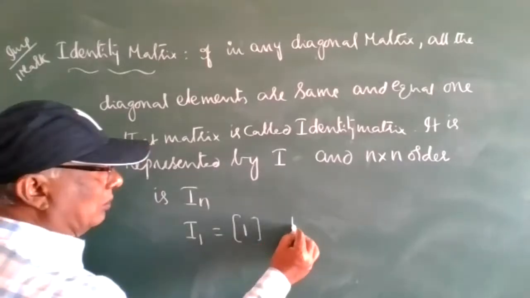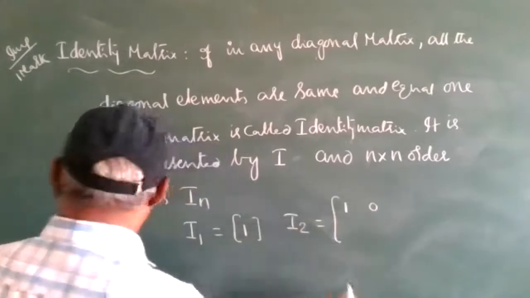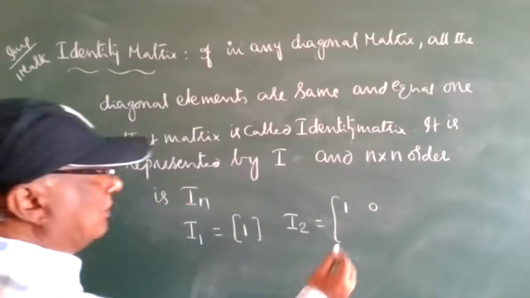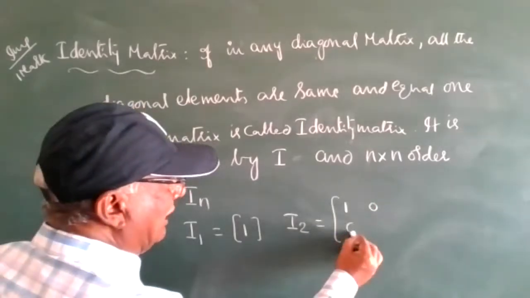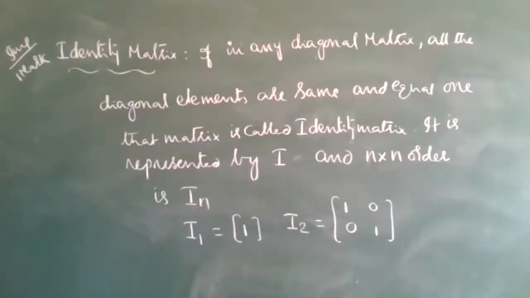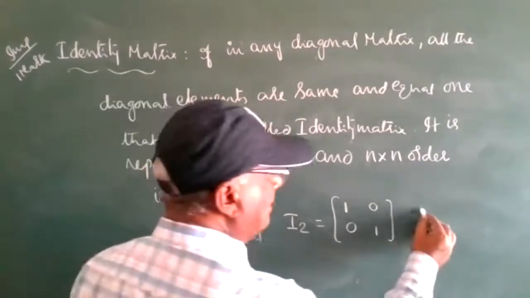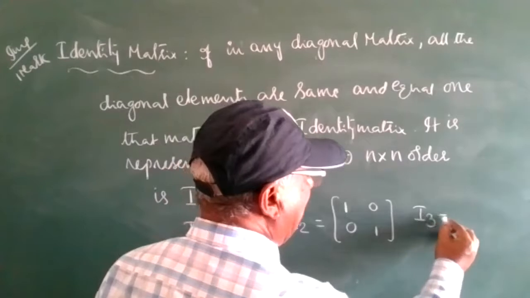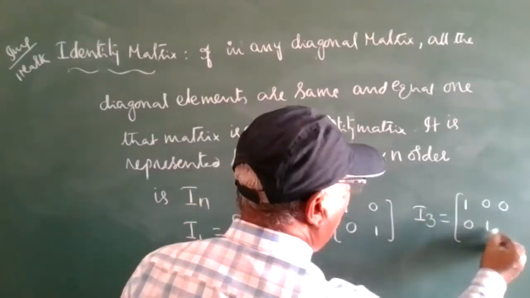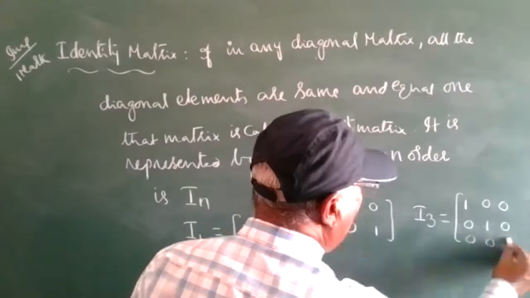I2: the principal diagonal elements are equal to 1. I3: the principal diagonal elements are equal to 1 only: 1 0 0, 0 1 0, 0 0 1.